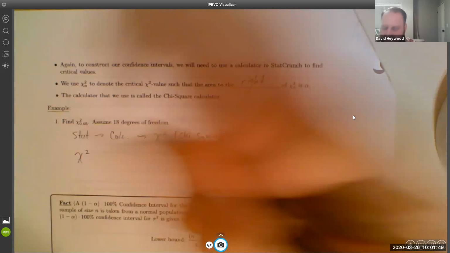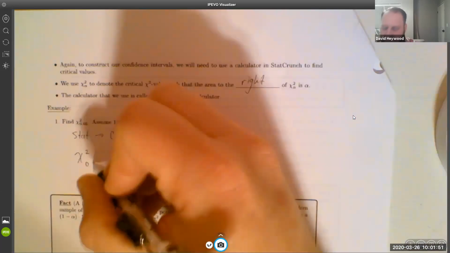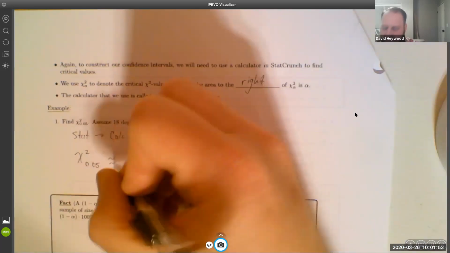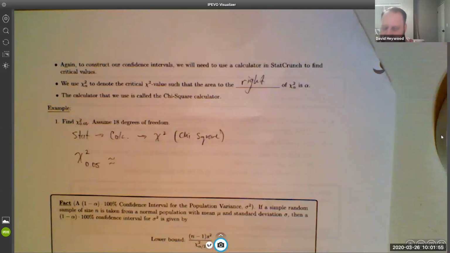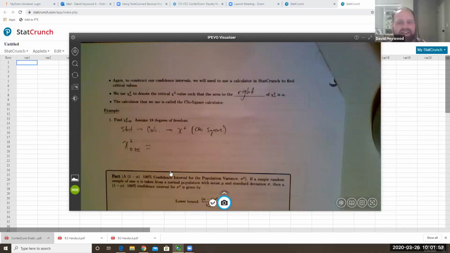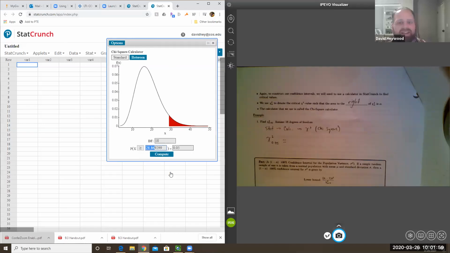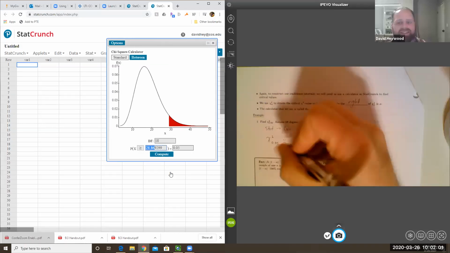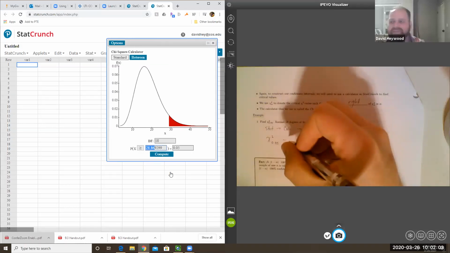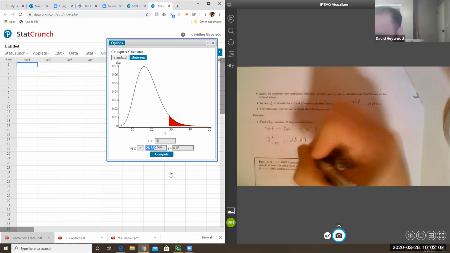Chi-squared sub 0.05 was approximately, oh, what did I say? Here, I can do this. This is something that I couldn't even do in class, but I can split the screen this way and you can see both sides of the screen. It's really a pretty nice system, I think. Anyway, so this is about 28.87.